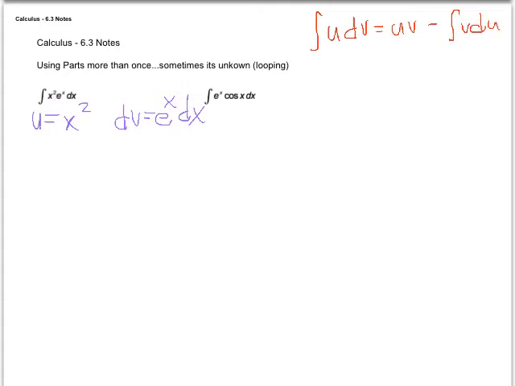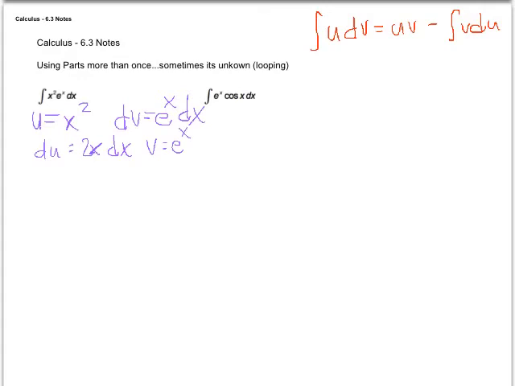Okay, so there's your formula. Well, when we set this up, we're going to look at du, which is equal to 2x dx, and v, which is equal to e to the x.